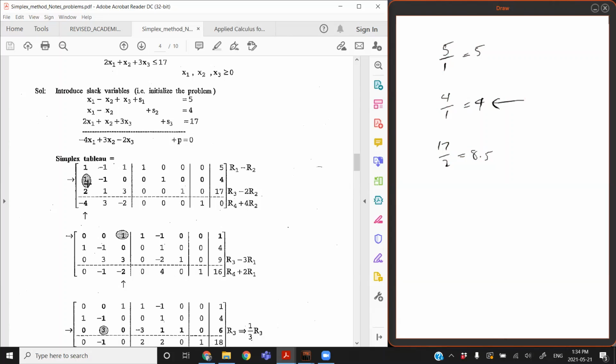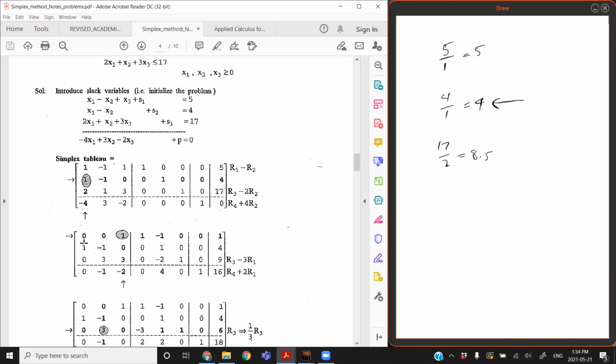And fortunately, I already have a 1 there. If I didn't have a 1, I would have to divide by whatever number I had here to get a 1. But in this case, I just have a 1. So my next step would be to introduce zeros above and below that 1.